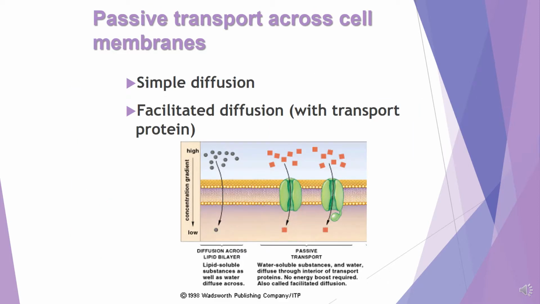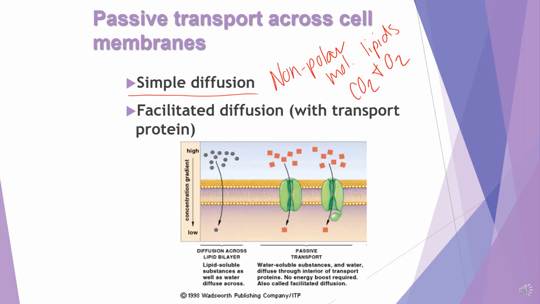All right, so let's talk about the two mechanisms of diffusion. You have simple diffusion. Simple diffusion is going to be of nonpolar molecules. Lipids, for example, and gases such as CO2 and oxygen.